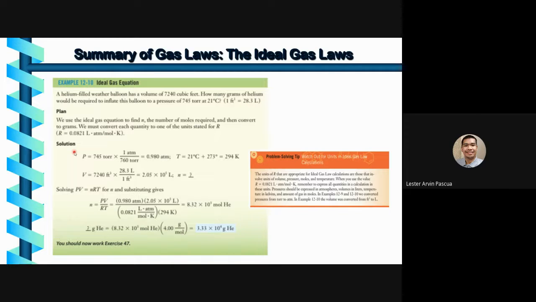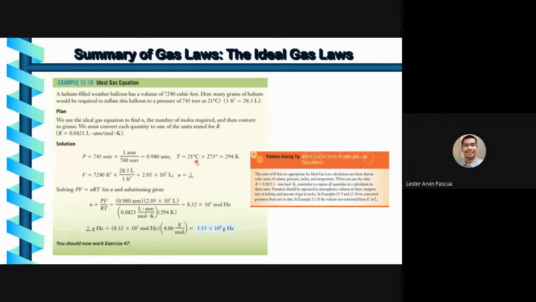So essentially, ang gusto mo nang gawin is mag-convert ka muna ng mga kailangan mo i-convert. No? If you're gonna use your R with L, your liter times atmosphere over moles Kelvin, you have to convert your units. So, you're given na torr, convert mo muna siya to atmosphere, magka-cancel to. You get this atmosphere.